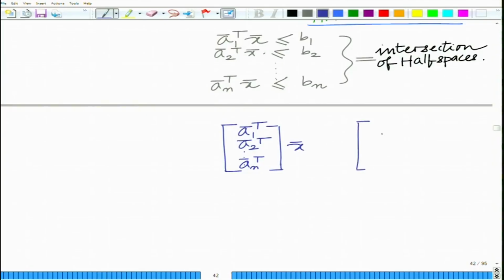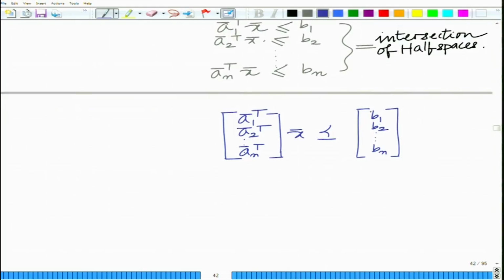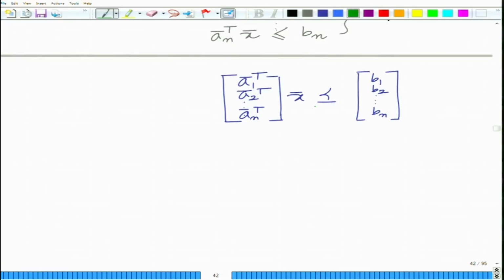Let me write the right hand side, B1, B2 up to Bn, and what I can use here is what is known as a component wise inequality, which means that A1 bar transpose x bar is less than B1, that is each component on the left is less than each component on the right. So, this is known as a component wise inequality.